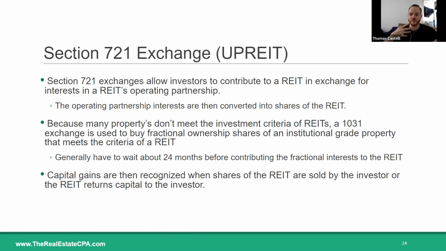Because of that, you can use a 1031 exchange to buy fractional ownership shares of an institutional grade property. So in this strategy, you would use a 1031 exchange to sell your old property and purchase shares of a DST, which is an institutional grade property that would meet the criteria of the REIT, and then you contribute your fractional ownership shares to the REIT in exchange for the shares of the REIT.